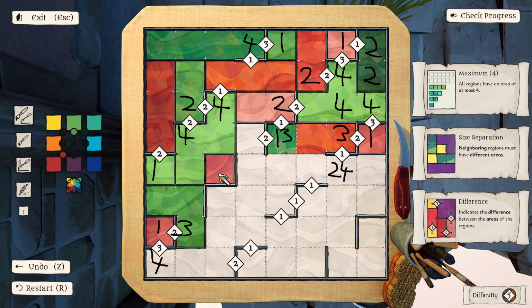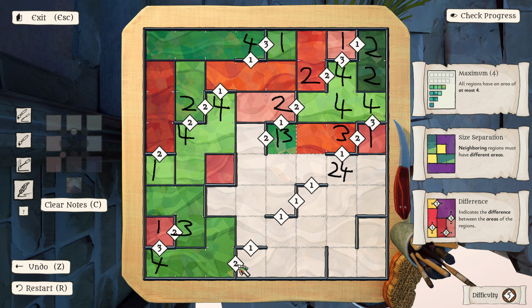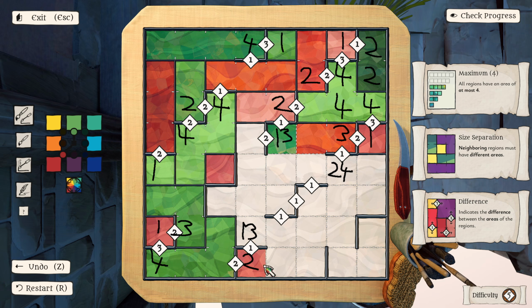I guess I didn't see this move as being a 1 here. There's the 4. 4 minus 2 is 2. 2 plus or minus 1 is a 1, 3. 2 has to get out. Then we're out of obvious stuff.